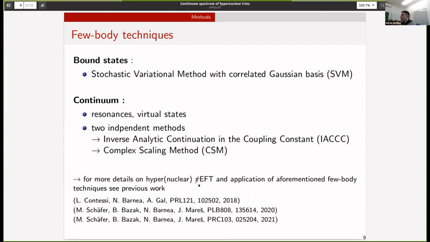For the continuum, we use two different methods: either the complex scaling method or the inverse analytical continuation in the coupling constant. These two methods allow us to study resonances in few-body systems or even virtual states. I won't go into detail on these methods here, but if you are interested, you could look into our publications.